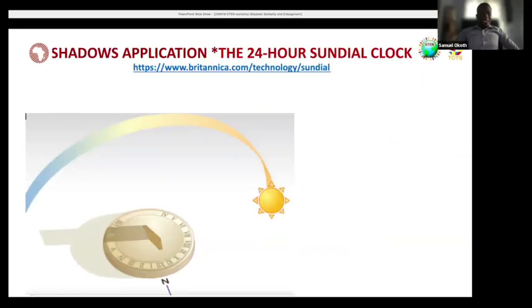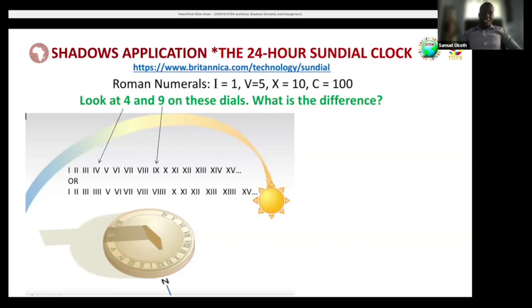Great. The whole idea of the sundial is making use of the sun as it appears to move through the sky, so that it can align with the different 24-hour lines, and these are used to indicate on the dial the time of the day.